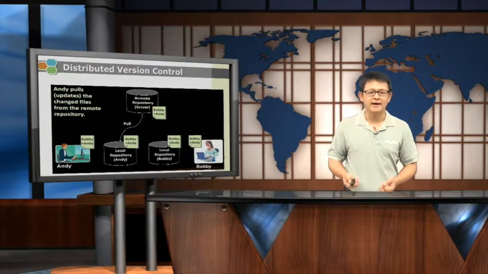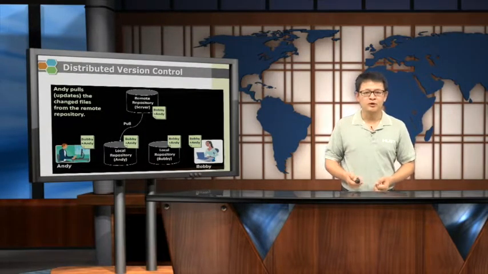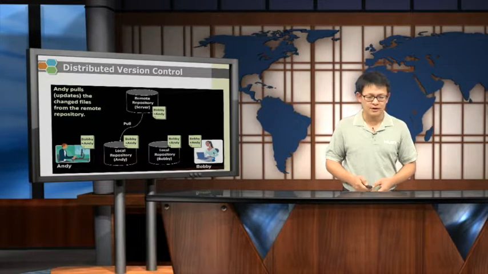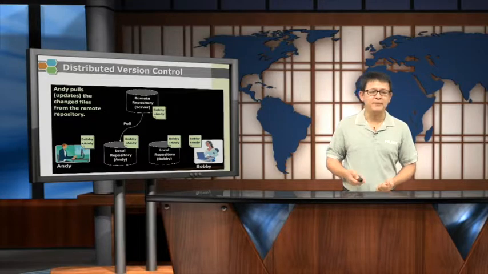And then Andy can pull from the remote repository into the local repository. Now both Andy and Bobby have the updated version with all the modifications made by Andy and Bobby.